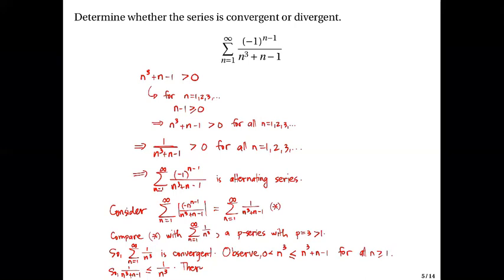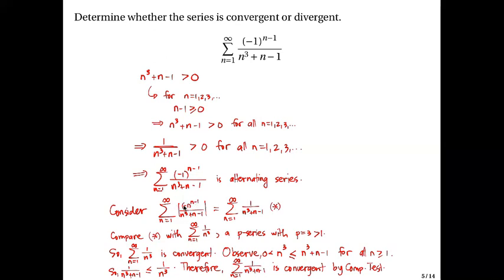Therefore, the series 1 over n cubed plus n minus 1 as n runs from 1 to plus infinity is convergent by the comparison test. Therefore, the original series here is absolutely convergent because the series of absolute values is convergent.